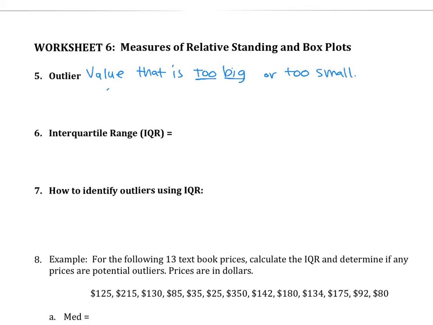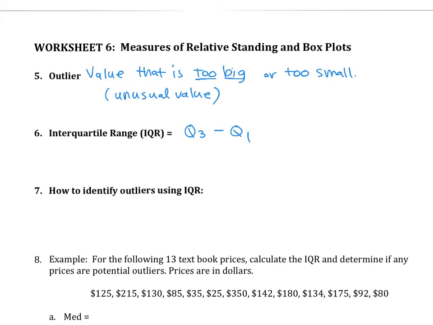So this is a somewhat unusual value. In order to find our outliers, first we're going to calculate the interquartile range, IQR. IQR is just Q3 minus Q1, so the third quartile minus the first quartile.